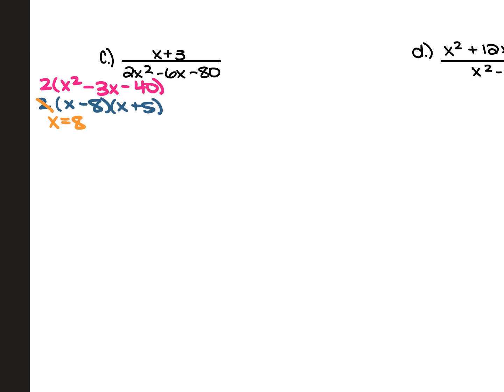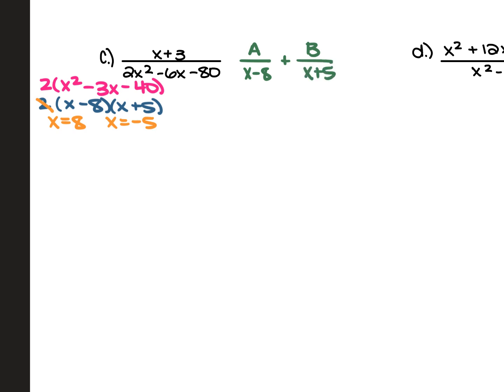For the x plus 5, if you set it equal to 0 and solve, you get x is equal to -5. So we have two solutions here, which means when you write your fractions, you're only going to be working with a and b. The 2 is not equal to 0, so we cross it out. Forget about it. So that's going to give you a over x minus 8 plus b over x plus 5.